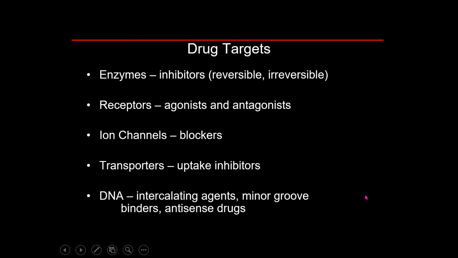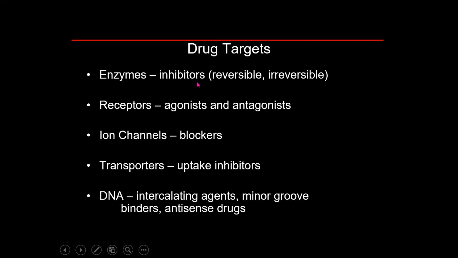Okay, what are the drug targets? It could be enzymes, receptors, ion channels, transporters, DNA intercalating agents. So many. This could be your target. It's not only proteins and enzymes.